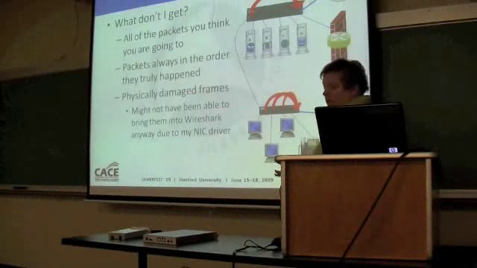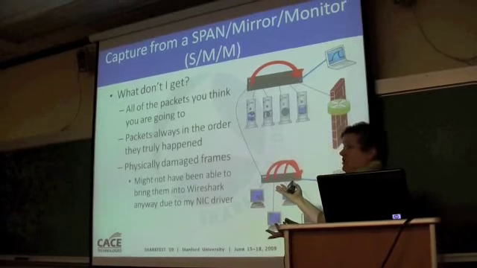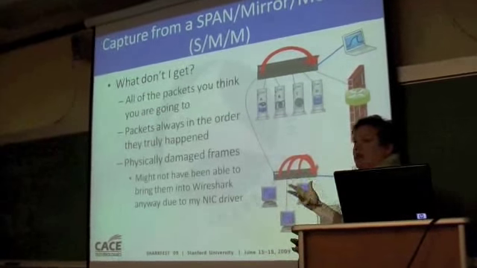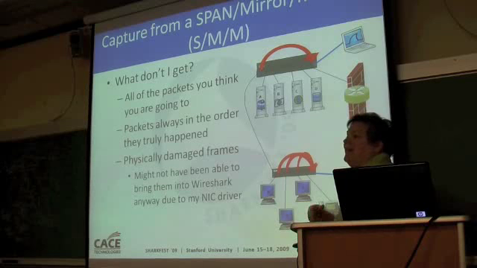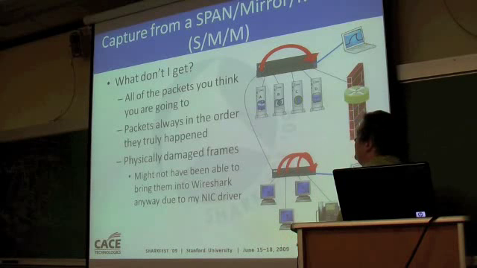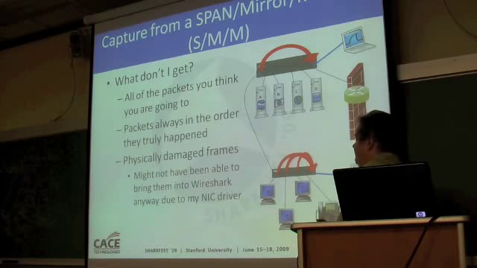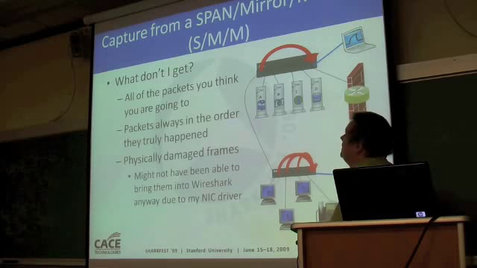Alright, so what don't I get when I set up a span session? Because span sessions are great, man. You go in, you set it up, you're done, you're capturing your little heart out. It's all fabulous. But there's things that I don't get. So I don't get all the packets that I think I'm going to because my switch is dropping packets, so I have packet droppage.